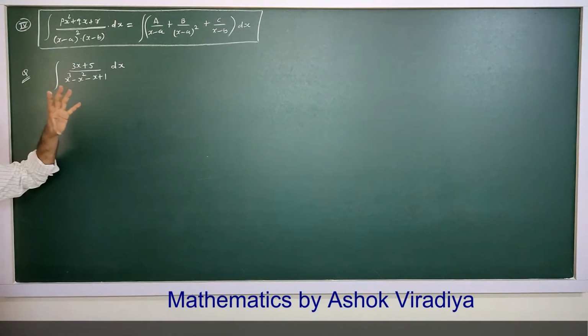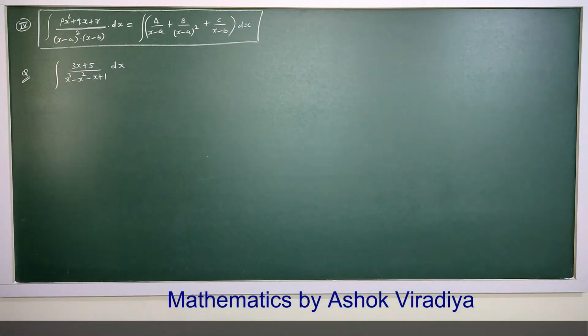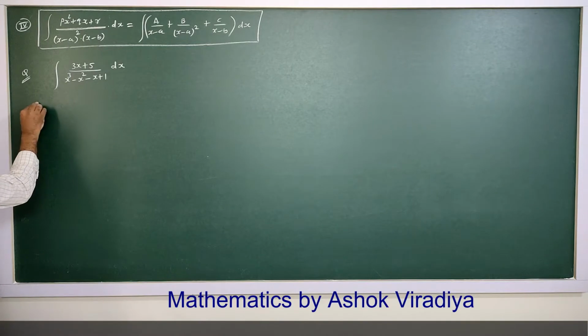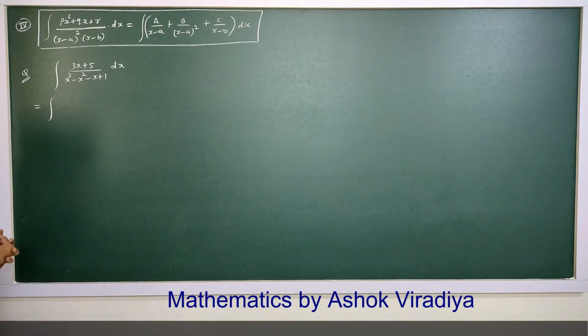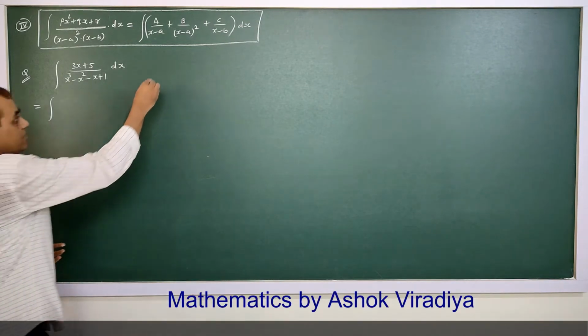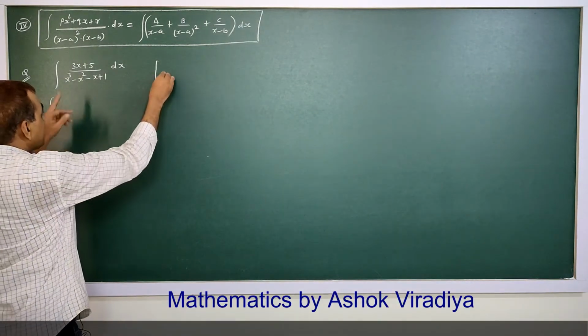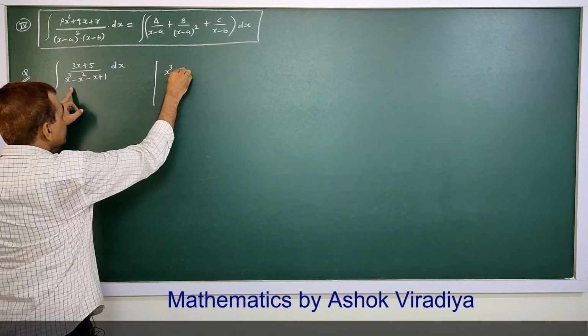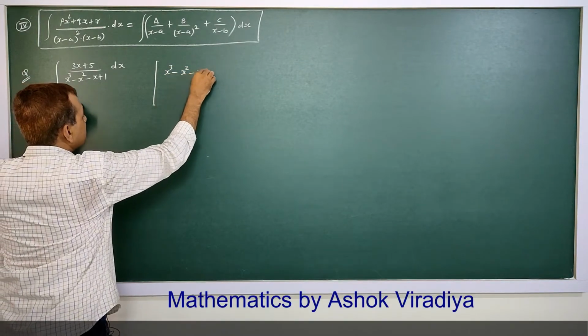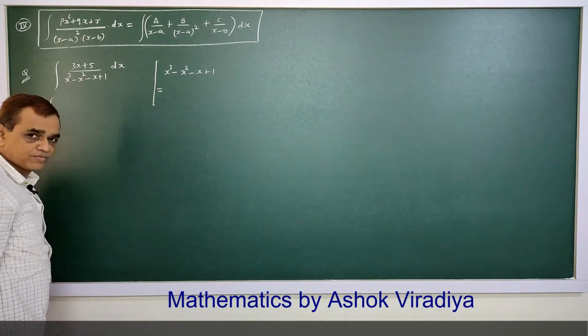Now see, in this integrand, if you observe the denominator, then this denominator can be factorized. See, I am showing the factors of the denominator, x cube minus x square minus x plus 1. Now what is it?